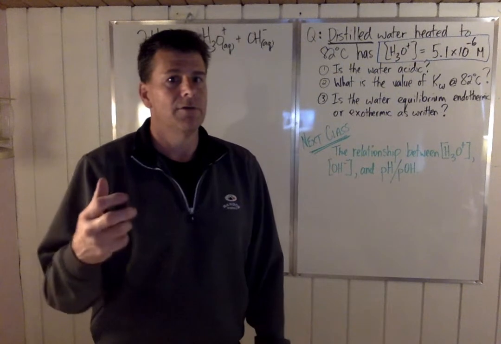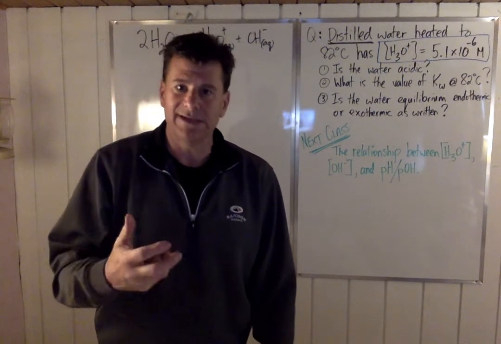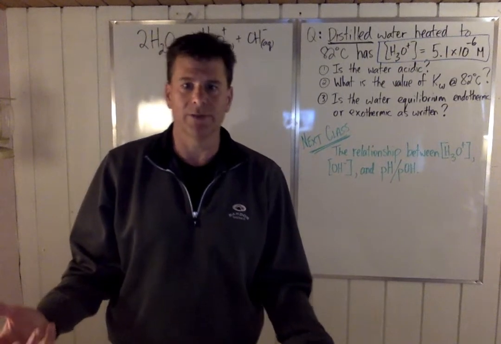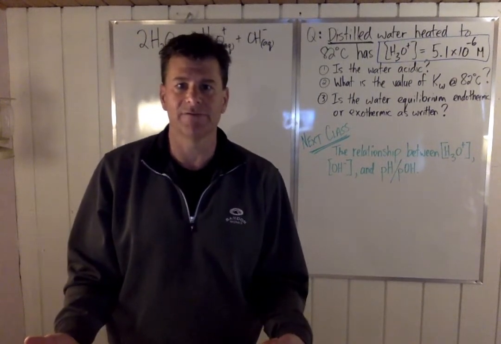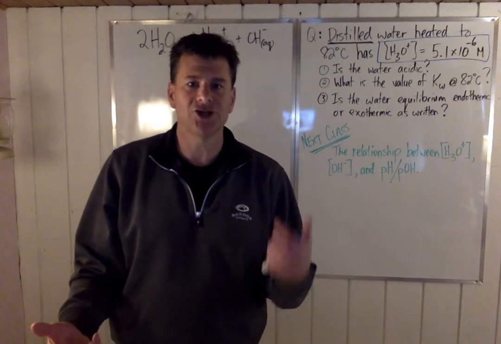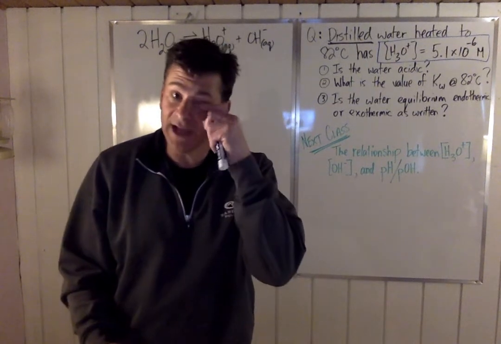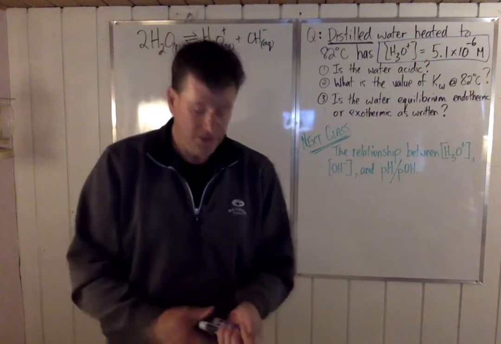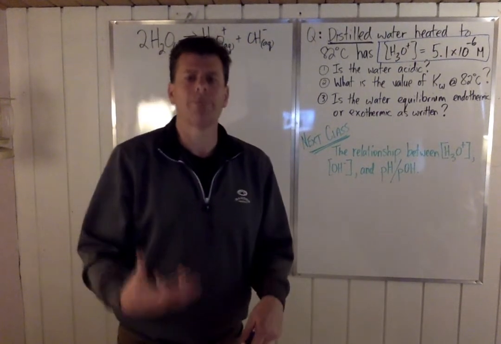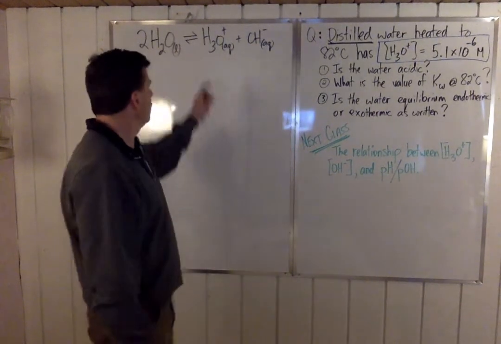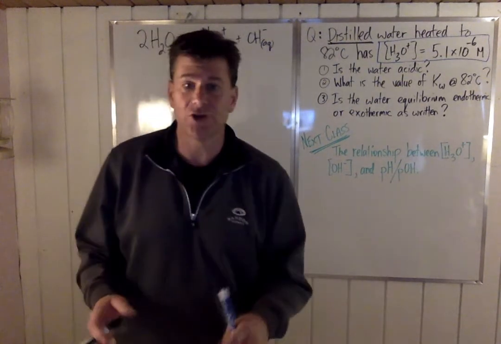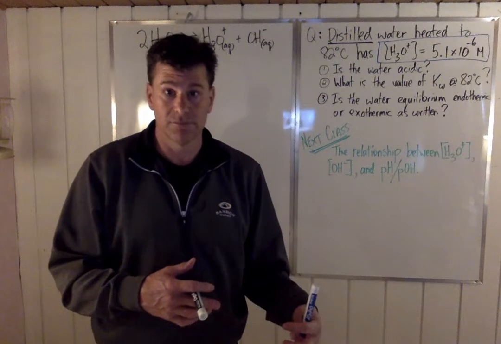So what did the heat do? Well, the heat created, as it does with equilibrium, a Le Chatelier shift. So the observation that the hydronium is higher should tell us what that Le Chatelier shift was. So you have to work backwards in time. This value going up was not the stress, it was the result.